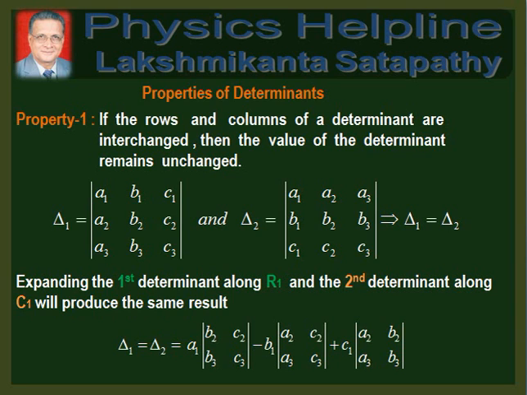The rows of determinant delta 1 are the same as the corresponding columns of delta 2. Therefore, delta 1 is equal to delta 2. It can be seen that expanding delta 1 along R1 and delta 2 along C1 will produce the same result.